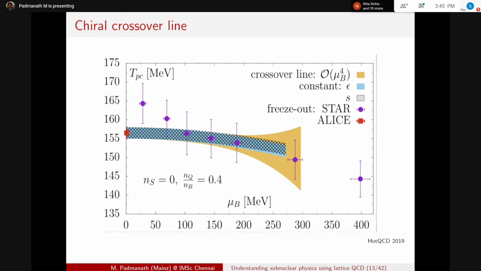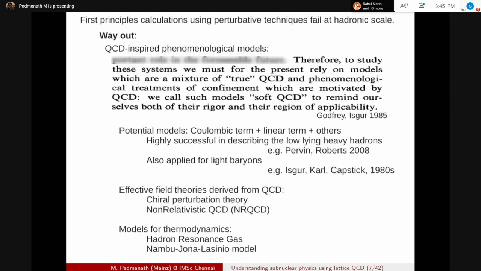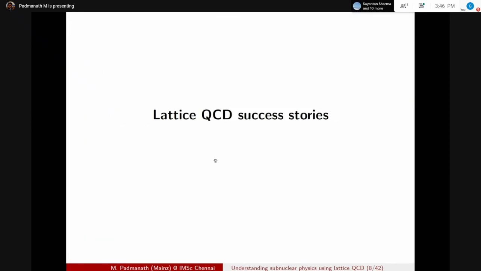So here what they are trying to study is the chiral crossover, or the chiral change of phase. This is what I was saying in some of my earlier slides, that at some point in the hadronic scale this symmetry is broken, while at high energies it need not be broken. And this is what they have studied.